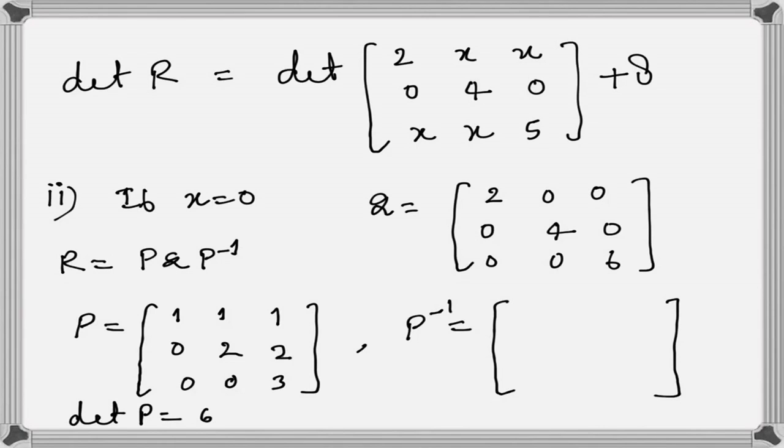So what is P inverse? I'll directly write it: 1, minus 1/2, 0; 0, 1/2, minus 1/3; 0, 0, 1/3.